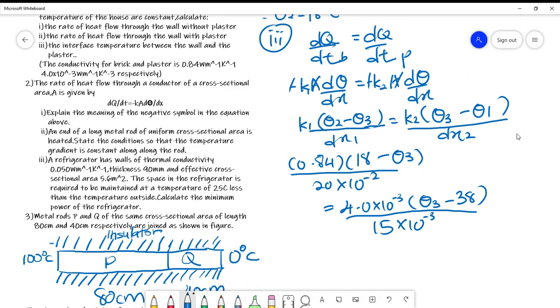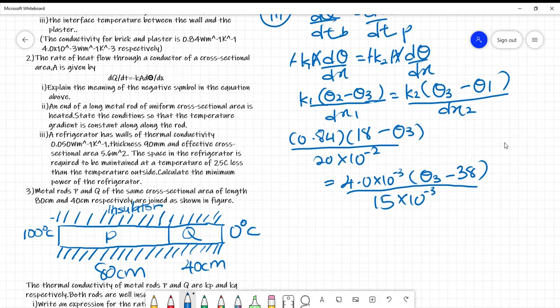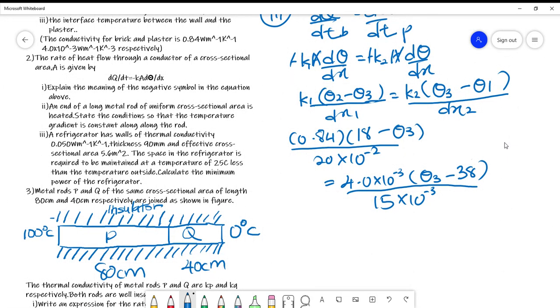What we need to find is the interface temperature, so we need to do it step by step. 0.84 divided by 20 times 10 to the power negative 2 is 4.2.